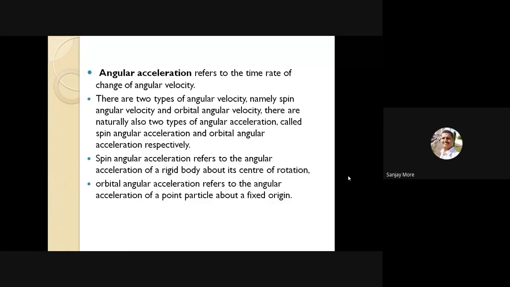Also, two types of angular acceleration, called spin angular acceleration and orbital angular acceleration respectively. Full stop and next line.